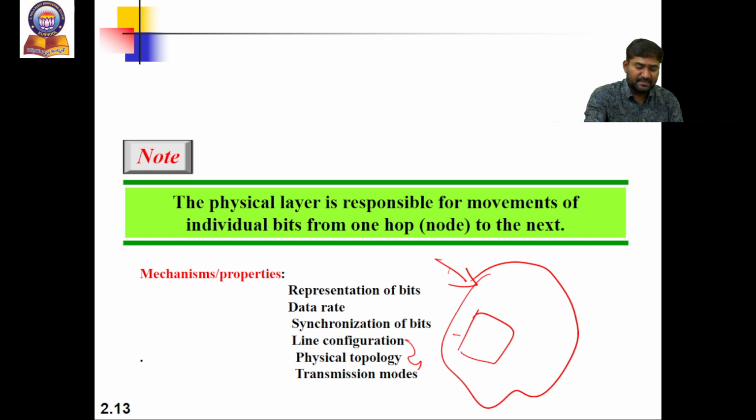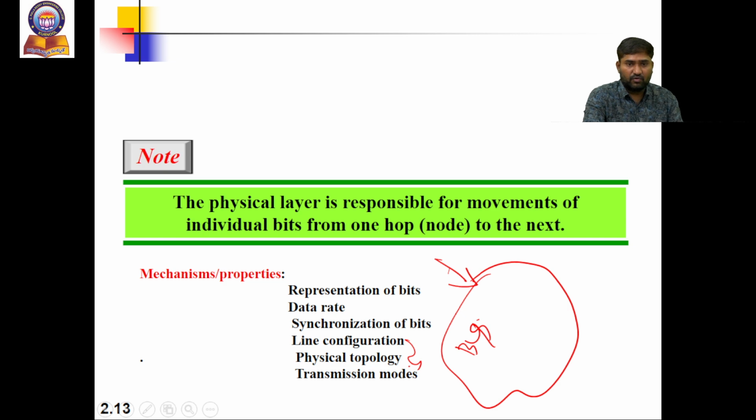If there is a mesh topology, then according to that the physical layer constructs the data and sends it to the mesh topology. If the topology is a bus topology, then according to that the data will be constructed and sent to the bus topology. Why do we talk about physical topology here?